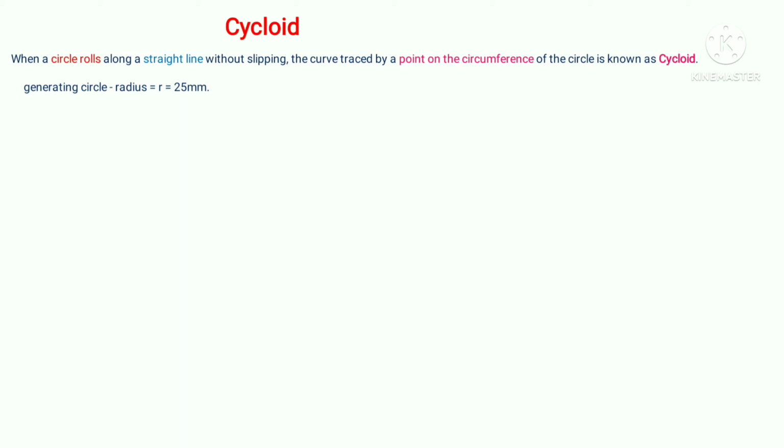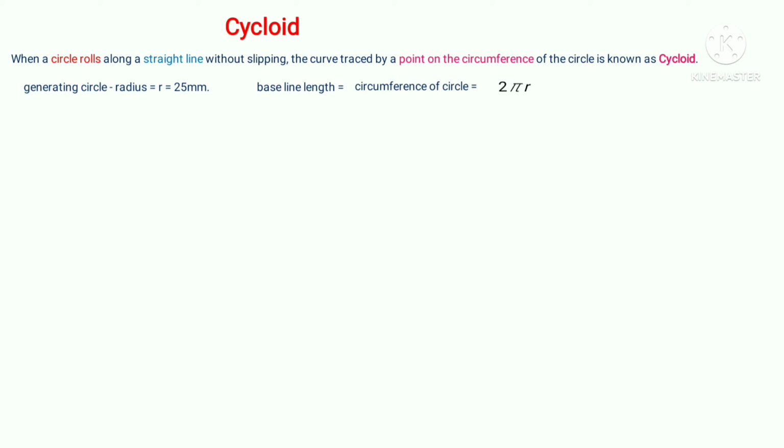And when the generating circle rolls upon a straight line called the directing line, also called the baseline, then the distance covered would be equal to the circumference of the circle, and hence the baseline length, which is also the same as the length of the directing line, is nothing but the circumference of the generating circle, and is given by the formula 2 pi r, where 2 into pi into r is 25 mm, and hence we get 157 mm in this case.